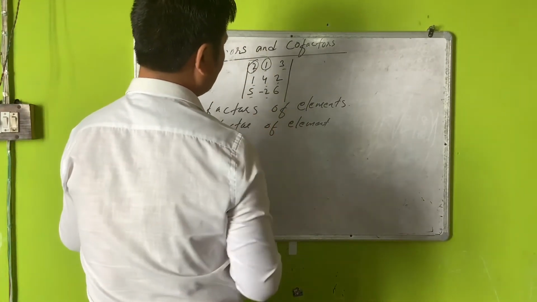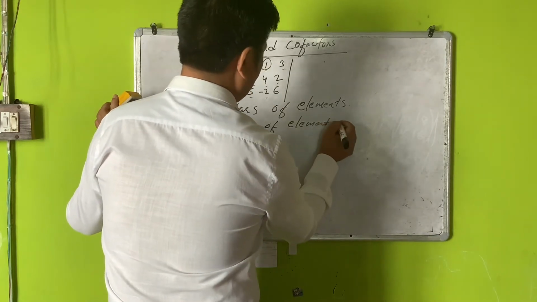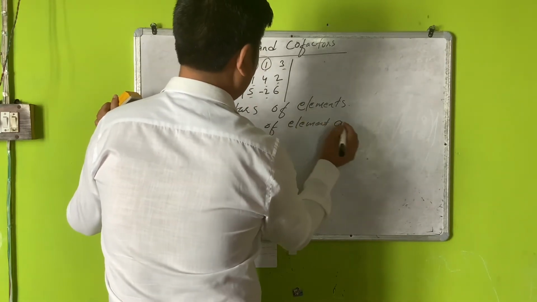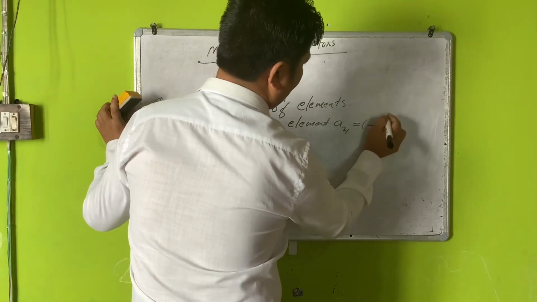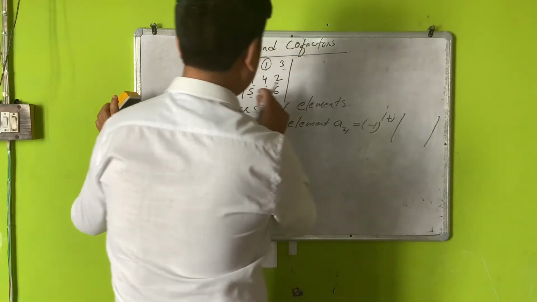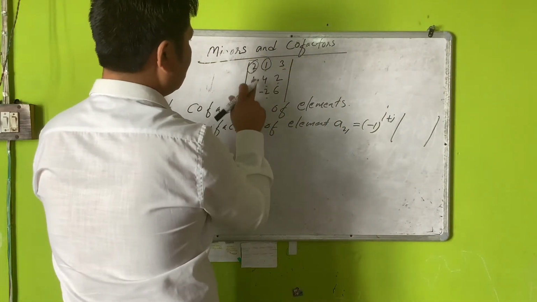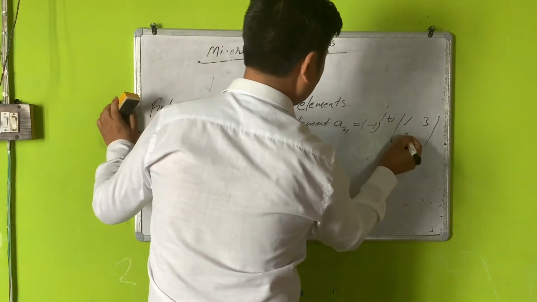Cofactor of element A21 is equal to (-1)^(i+j) times its minor. Closing its row and column gives 1, 3, -2, 6.